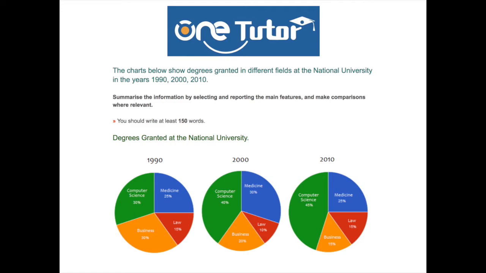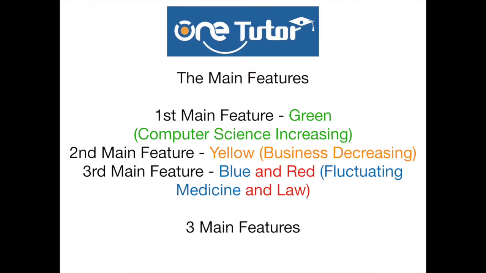And when we talk about things going up and down or down and up, we're talking about fluctuations, or to use the verb, fluctuate. Okay, so in this case, three main features. So hopefully you can tell by now what we're trying to do is combine different groups together, like the blue and the red, even though they're not exactly the same, but they're very similar in the fact that they go up and down or down and up.